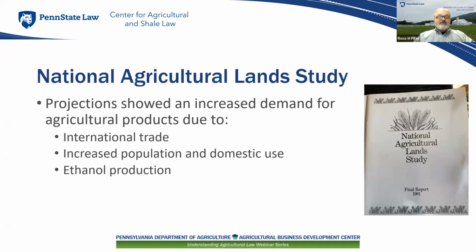Ethanol production is an interesting factor here, and shows how trends can be cyclical, because at that time in the late 70s and early 80s, there was great concern about importing fuel from international sources, and there was interest in ethanol, and then of course that waned, and a few decades later it picked up again.